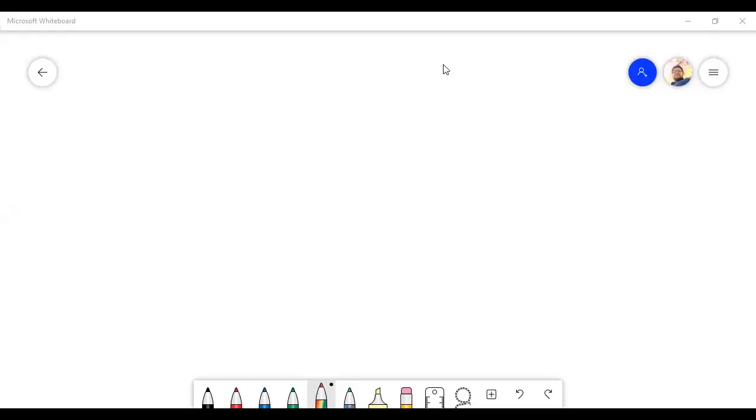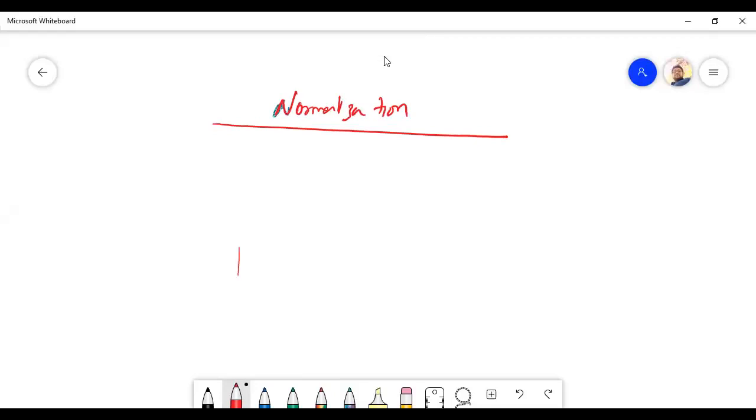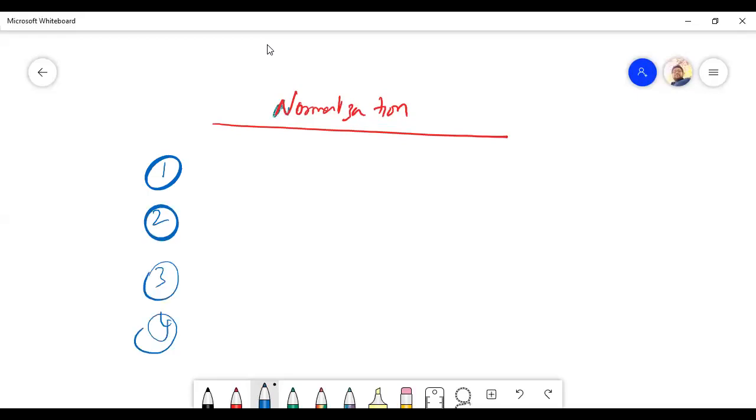Now we are in the process of learning normalization here, right? Before we start, we have a couple of words we need to go through.